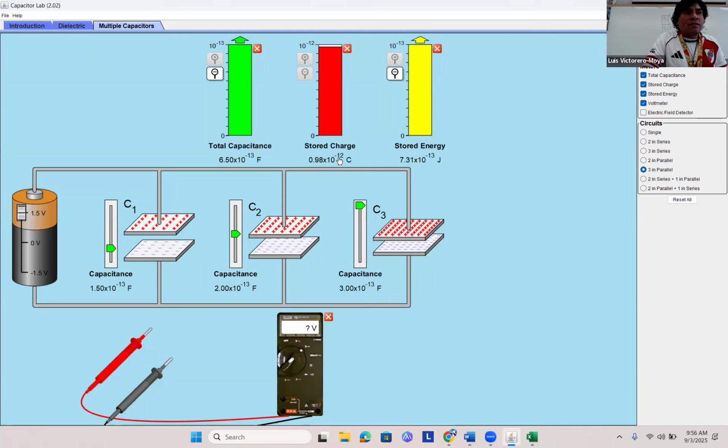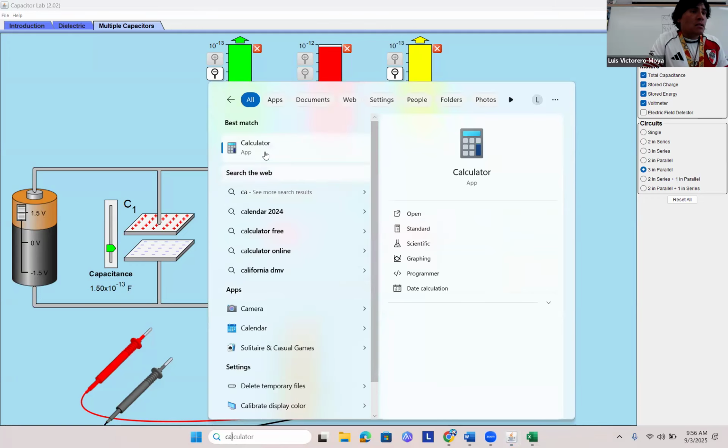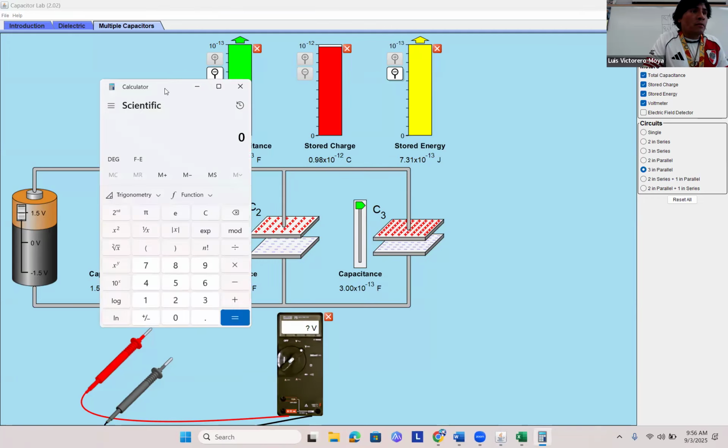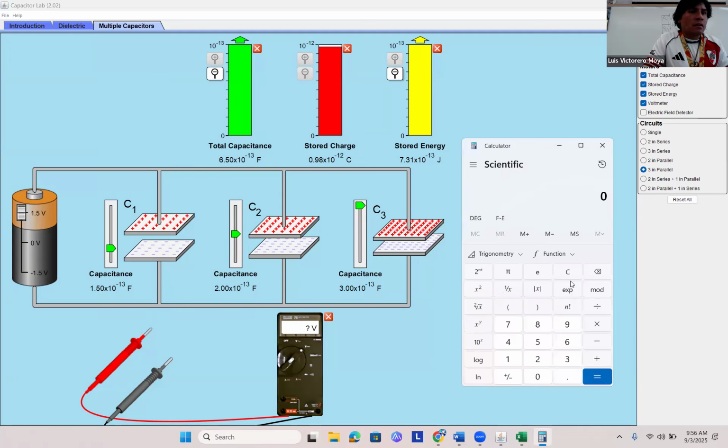Now be careful because here it is 10 to the negative 12. So if, for example, I were to add these, just to compare the value of the capacitance: 3 plus 2 plus 1.5. 6.5, there it is. 6.5, that's the total. So simple, right?